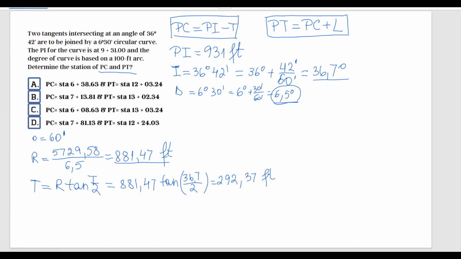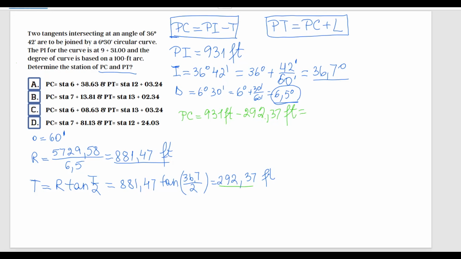Great. So now we have the tangent, and we can go back to our initial formula and calculate PC. So PC is going to be equal to PI, which is 931 feet, minus the tangent, which is 292.37 feet. Perfect.